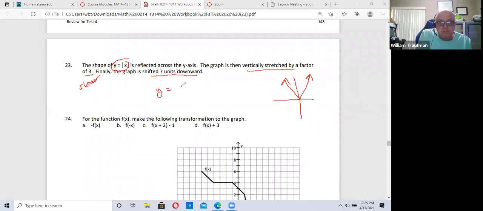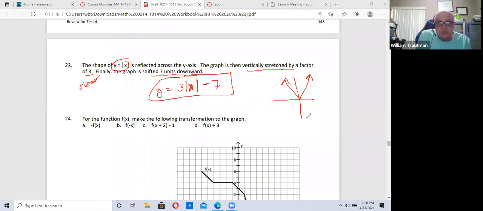So a factor of 3 means there's a 3 in front of it. And shift 7 units down means we're going to go down, a -7 on the outside. This is what the equation looks like. This is what the graph would look like. It's skinnier and 7 units down.